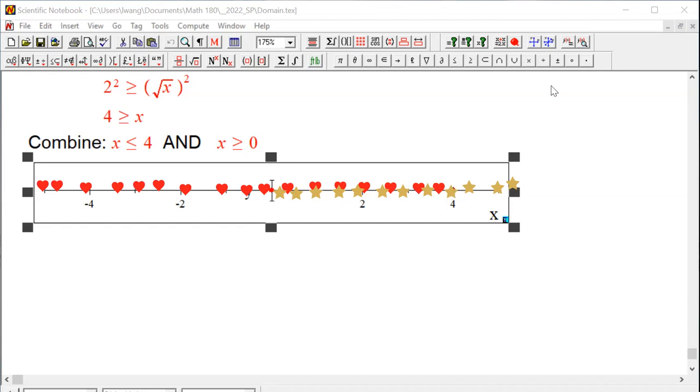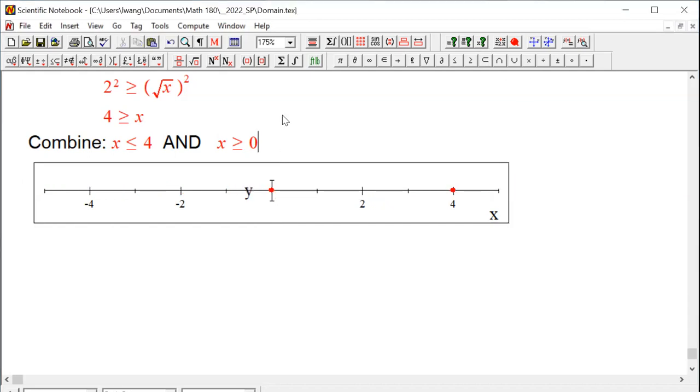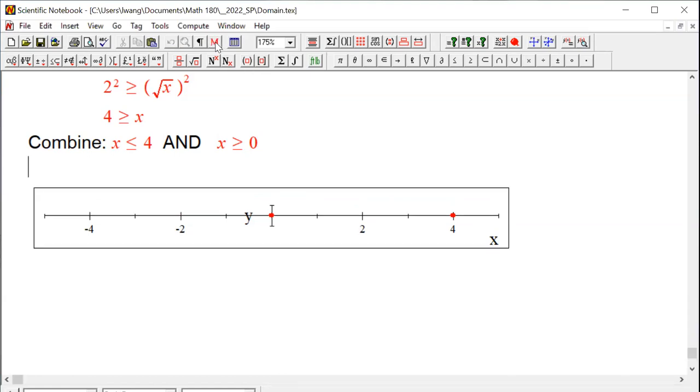Okay, so needless to say, in this situation, all the numbers that we're looking for are going to be between 0 and 4: 0 less than or equal to x less than or equal to 4.